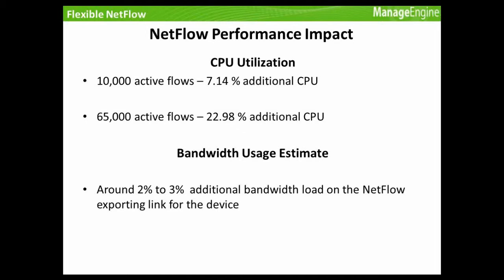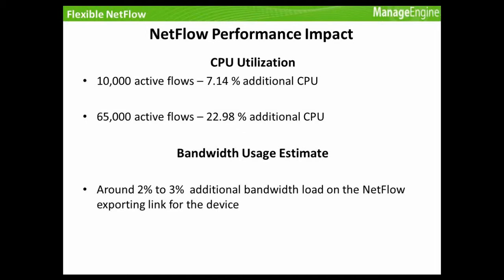You can see that even the highest flow rate does not cost much CPU. More than 15,000 flows per second is usually seen only in service provider environments, and not the smaller ISPs, but the huge ones like Verizon or AT&T.